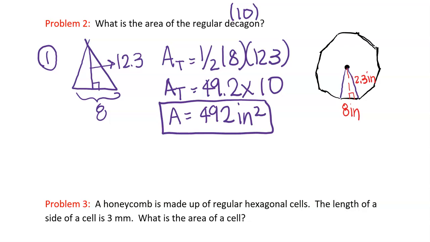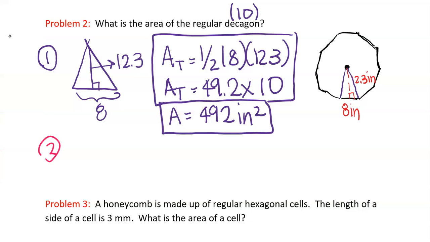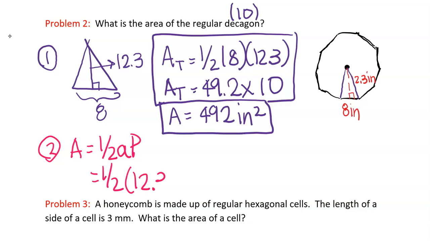Now, what do you need to show? Pretty much all of this. Method number 2, by formula: area equals 1/2 A times P. The apothem this time is the height of one of the triangles, which is 12.3.